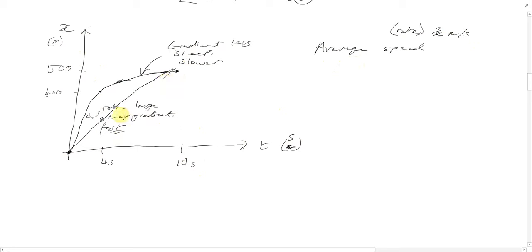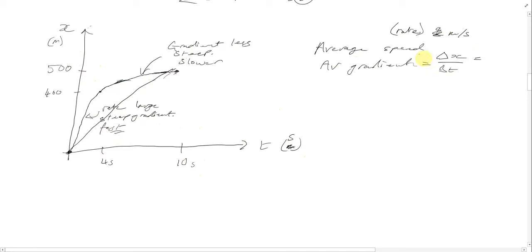Okay, so the rate changes. So let's put in a line from the start to the finish. So the average speed is kind of the average gradient, if you like. Average gradient, which is going to be given by the change in x over change in t.